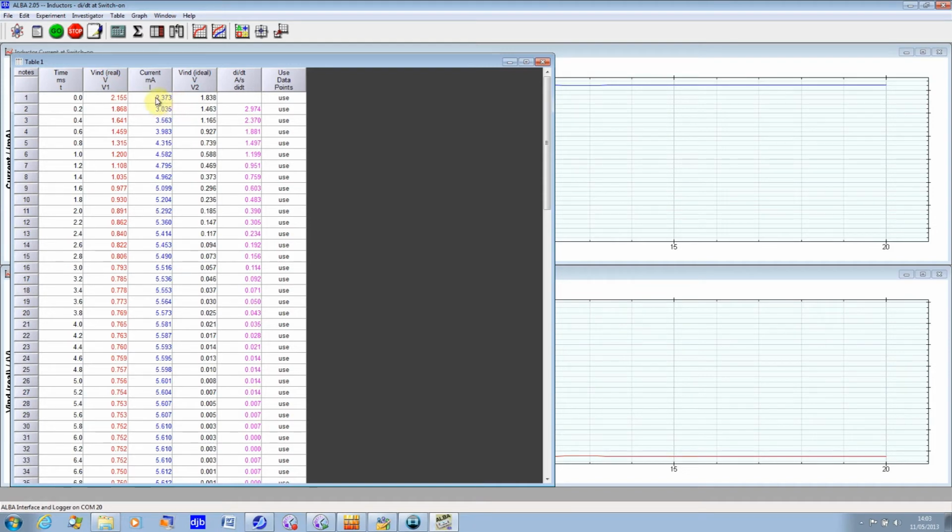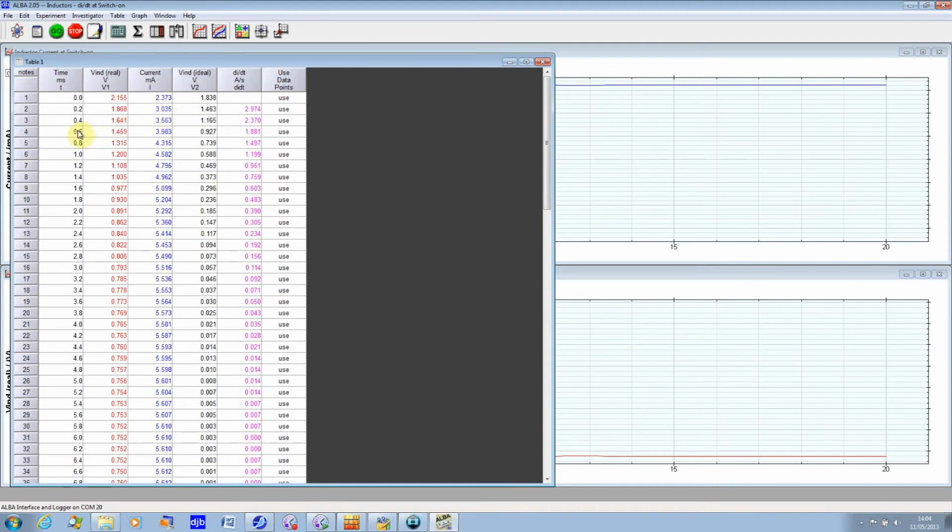Our program has given us values of current, and we calculate the resistance from these values that we saw in the graph over here. If we take the current multiplied by the resistance, we will get the voltage across the windings of that inductor. And if we subtract that voltage from the voltage across the real world inductor, we'll be left with the voltage across the perfect ideal inductor. And we've done that using these two columns the whole way down our sampling.